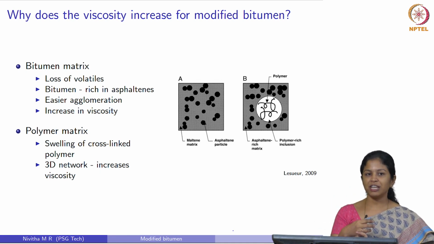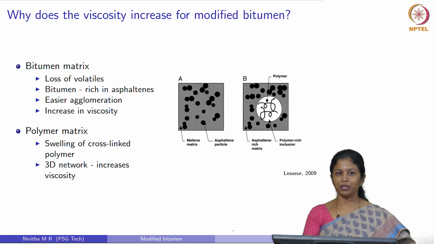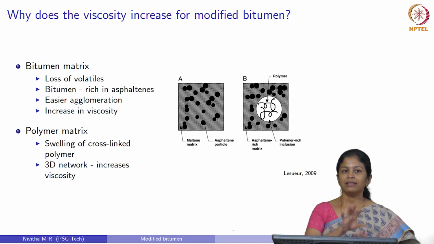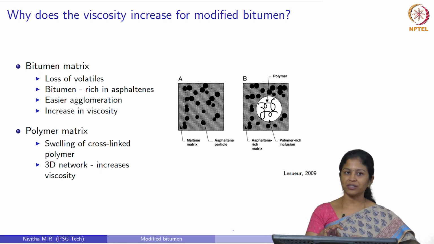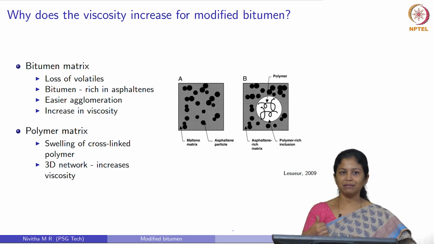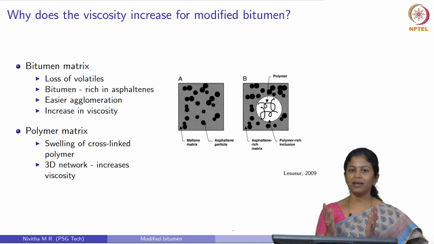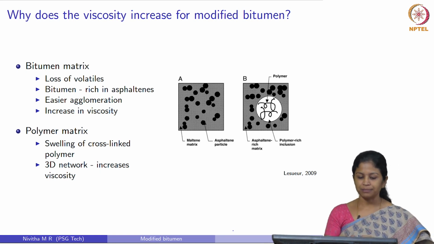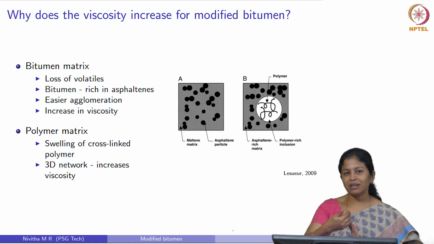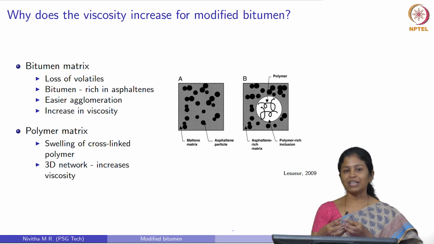We already have seen the colloidal model for bitumen. People have proposed that there are at least two major fractions, one is the asphaltene and the other one is maltene. So, these asphaltene fractions are dispersed in the maltene base, right. This is a commonly used hypothesis to represent the microstructure of bitumen. So, when there is a reduction in the maltene fraction, these asphaltenes have more tendency to agglomerate.